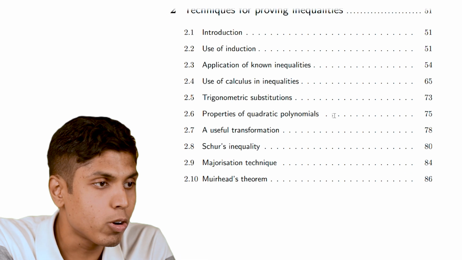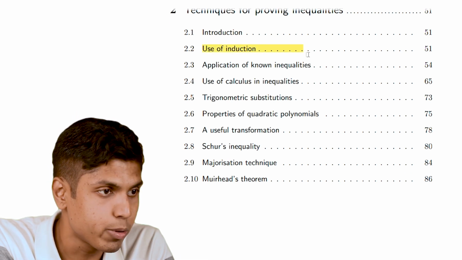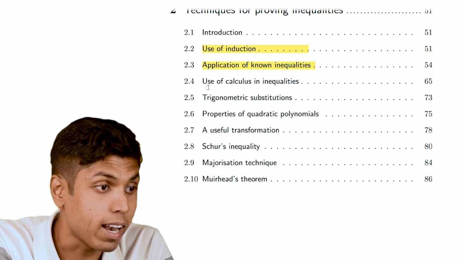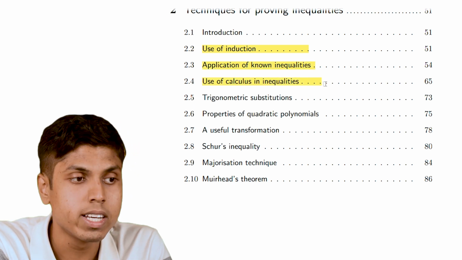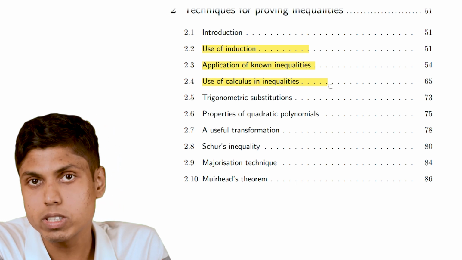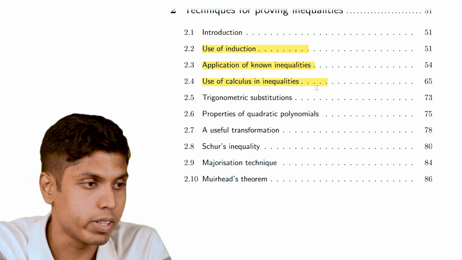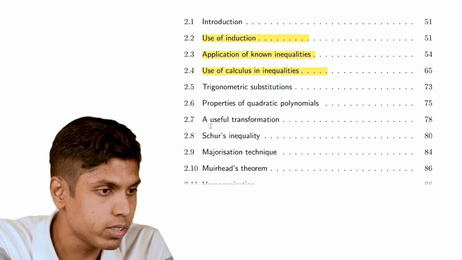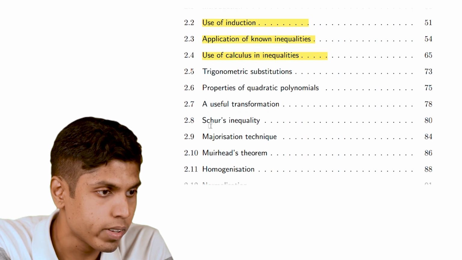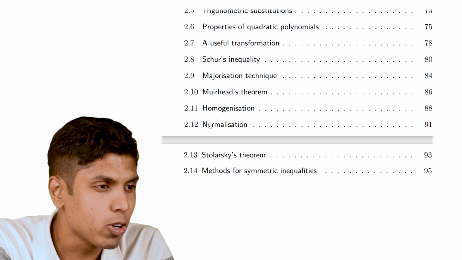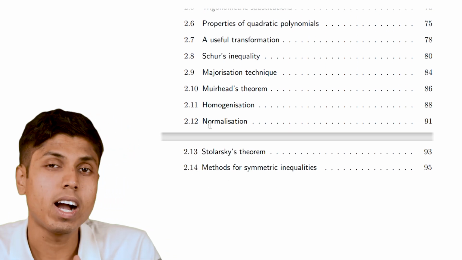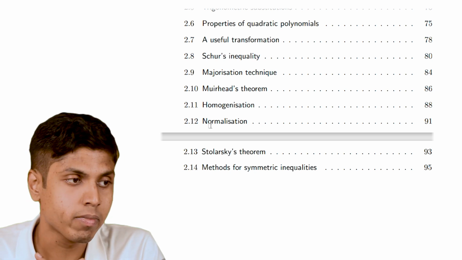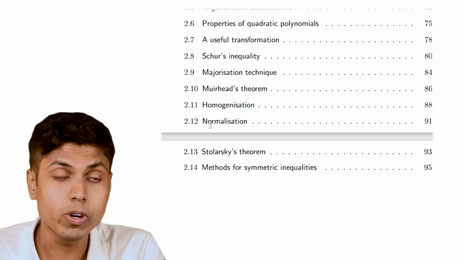We have the method of induction, which is the starting point, and application of known inequalities, and calculus. People can use calculus in olympiads, so you should be aware of that. And you have trigonometric substitutions, quadratic polynomials, and it slowly progresses to advanced inequalities like Schur's inequality, the majorization technique, and Muirhead's theorem.